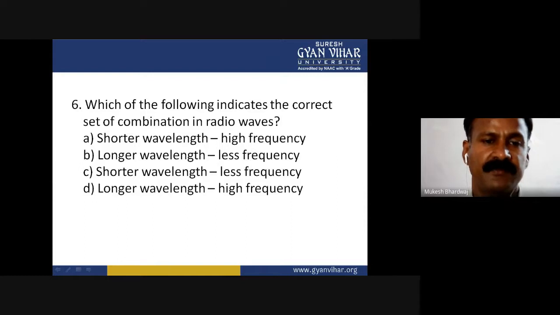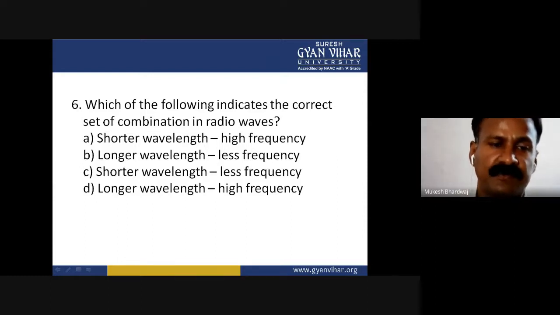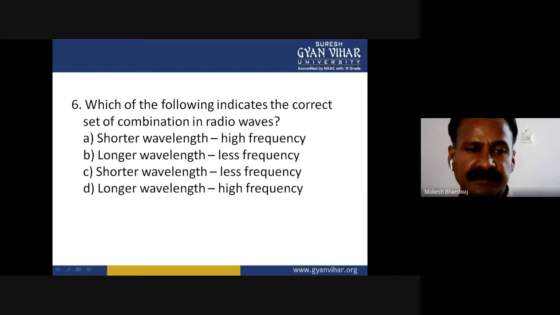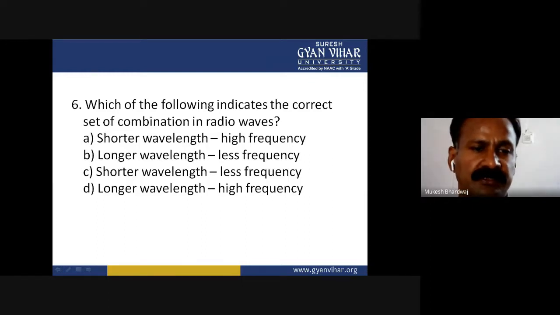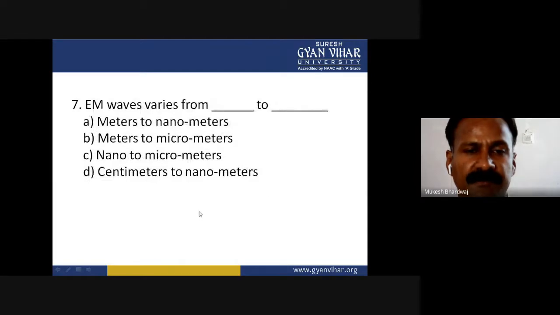Shorter wavelength, high frequency; longer wavelength, less frequency; shorter wavelength, less frequency; longer wavelength, high frequency. Electromagnetic waves vary from meters to nanometers, meters to micrometers, nano to micrometers, centimeters to nanometers. Choose the appropriate answer.